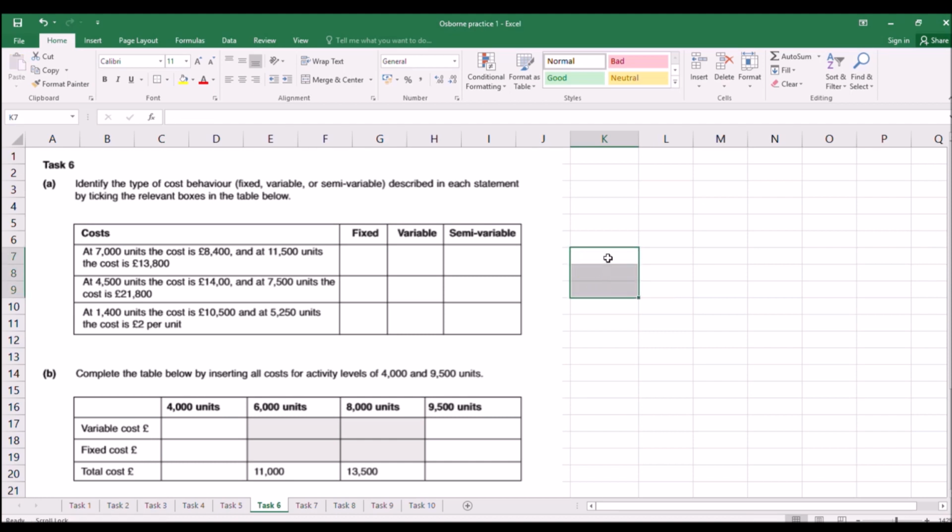So we take number 1, we've got 7,000 units in here, and the cost is 8,400. And we've got number 2, which is 11,500 units, and we've got 13,800. So the difference between the two of them, taking one from the other, is 4,500 units and a cost of 5,400.